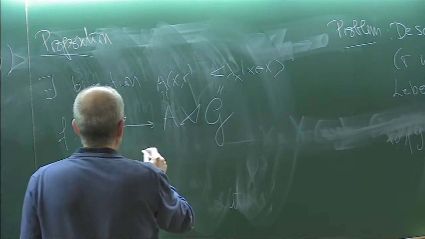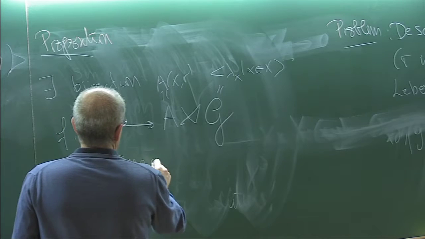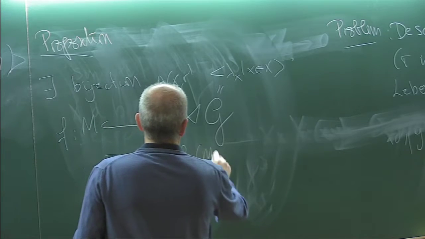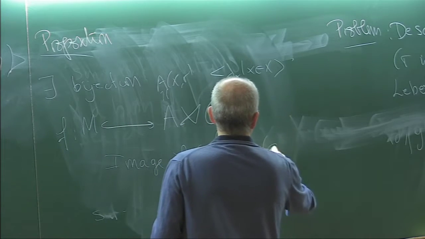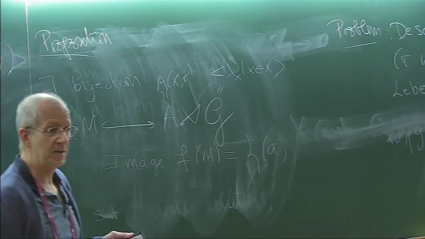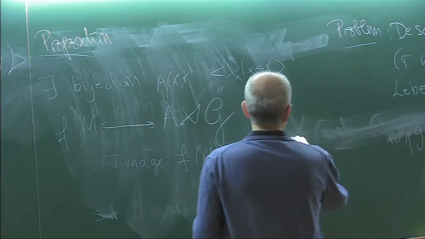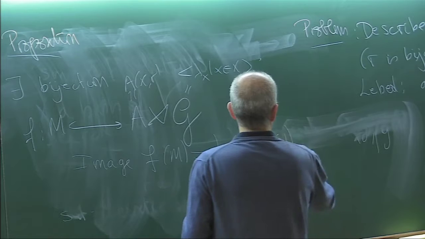So it means that the image can be written as the first coordinate determines the second coordinate. And I'll denote this as phi of a.